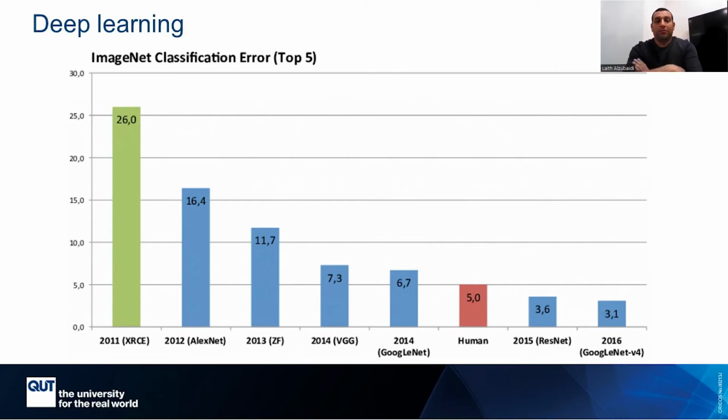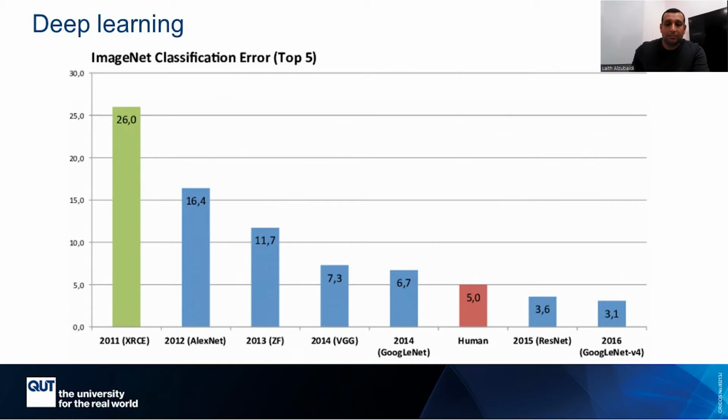So one of the good examples of deep learning is ImageNet classification. This is one of the famous data sets that deep learning models worked on. So this is a comparison between the performance of these models, the deep learning models that started to compete on that data set.